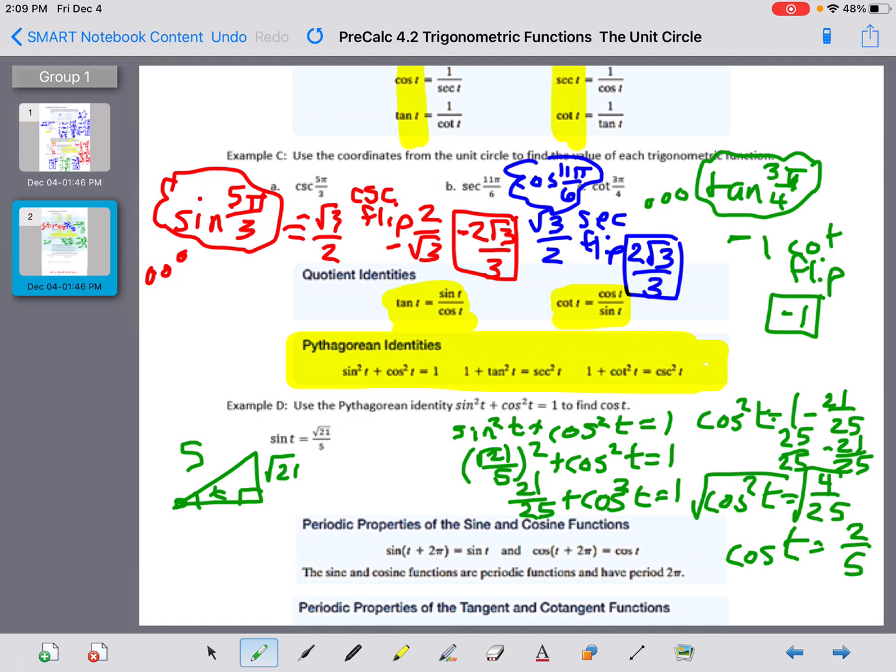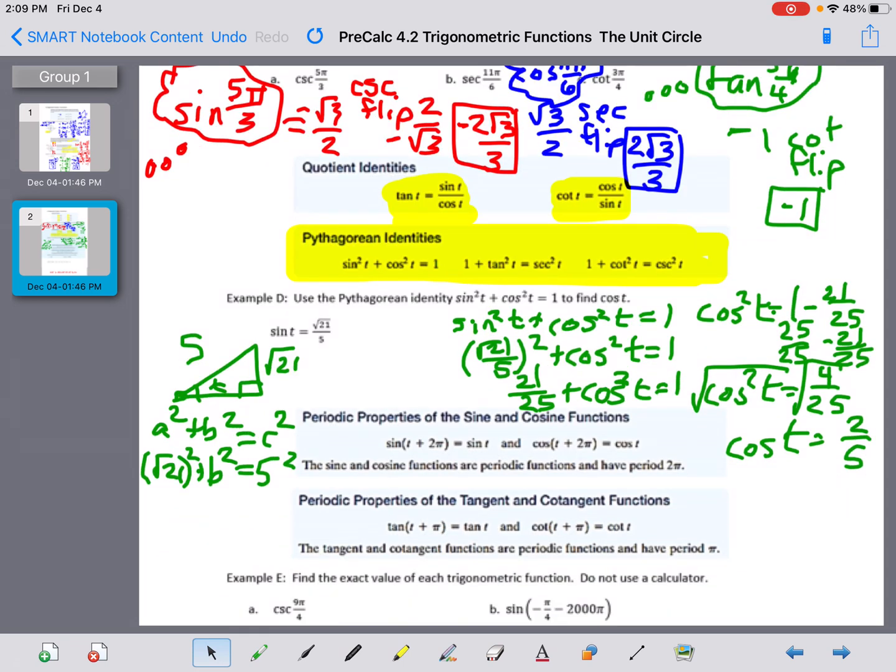How do I find the missing side of that triangle? Well, Mr. Pythagoras didn't only give us the Pythagorean identity, he also gave us a squared plus b squared equals c squared, right? C is my hypotenuse, which means I have to put my 5 in there. I'm going to plug in square root of 21 for my a. Square root of 21 squared is 21. 5 squared is 25.